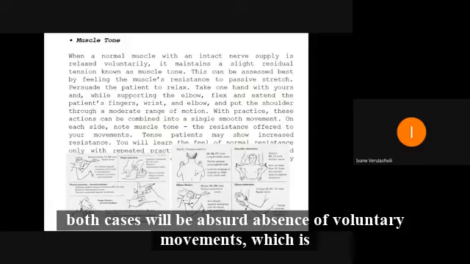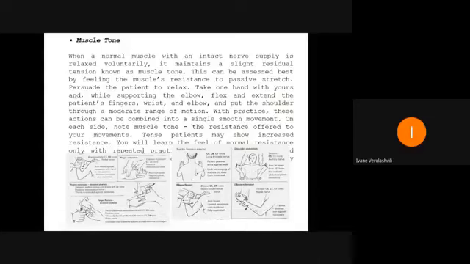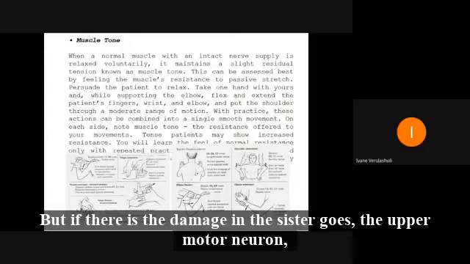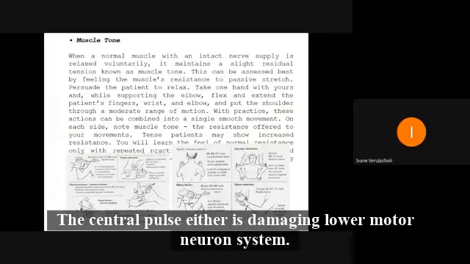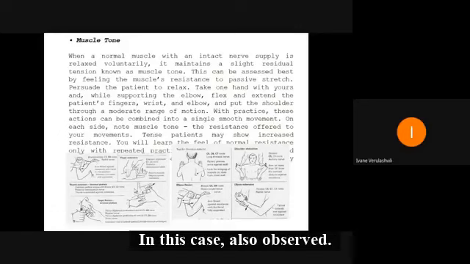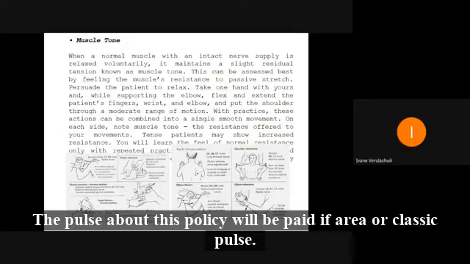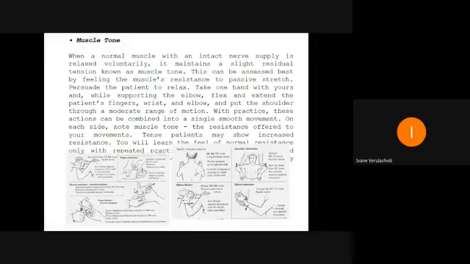And in both cases there will be absence of voluntary movements, which is called palsy or paralysis. But if there is damage in the system of the upper motor neuron, central palsy is observed. If there is damage in the lower motor neuron system, palsy is also observed, but this palsy will be peripheral or flaccid palsy.